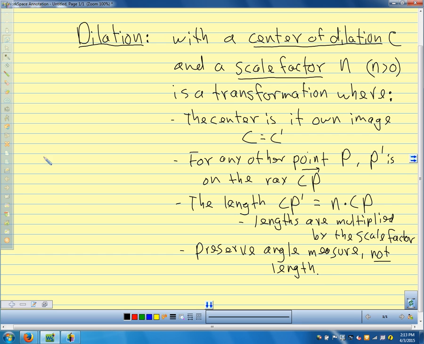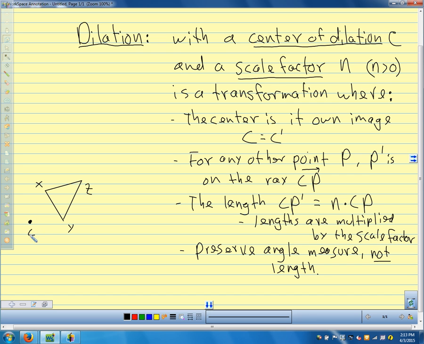So let's draw a picture of what all this means. So here's my center of dilation, C. And we're going to dilate this triangle. So let's call this triangle X, Y, and Z. If we had a point on our object that was at the center of dilation, after we dilated, it wouldn't move.